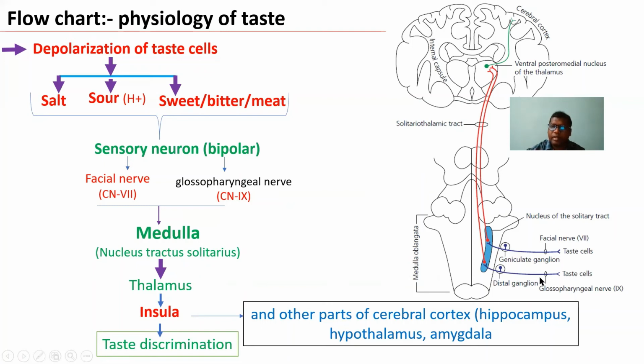From there, the sensory neurons are stimulated, and through the dorsal ganglia, it enters into the tractus solitarius, the glossopharyngeal nerve, and the facial nerve also through the geniculate ganglion synapses into the tractus solitarius. From there, it goes to the hypothalamus and to the center where taste discrimination occurs. So this is the pathway of how we sense taste.